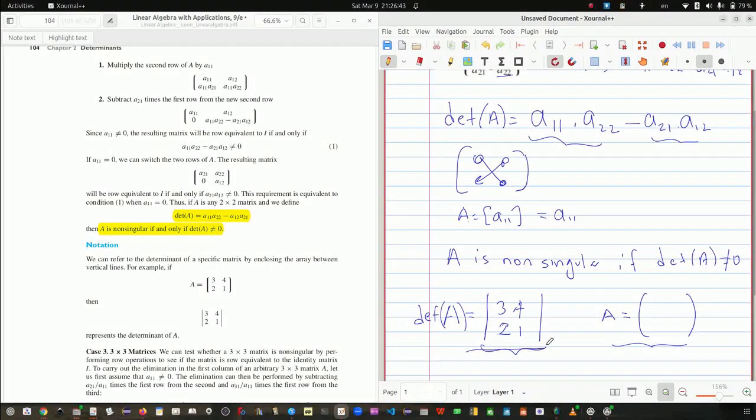What is that number? Based on our formula above, A11 times A22 means multiplying this by this: 3 times 1 minus 2 times 4 equals 3 minus 8 equals minus 5.